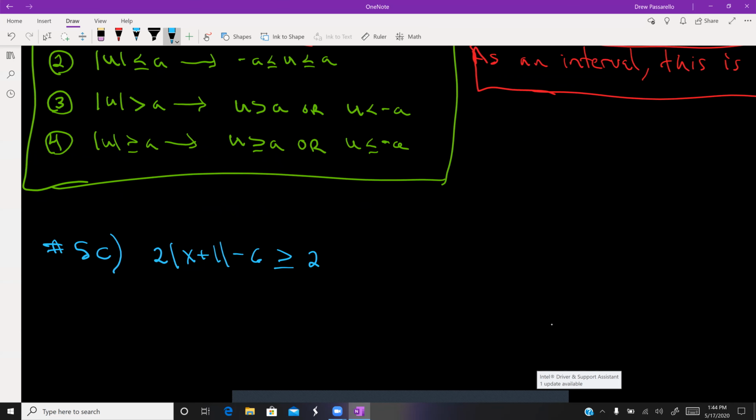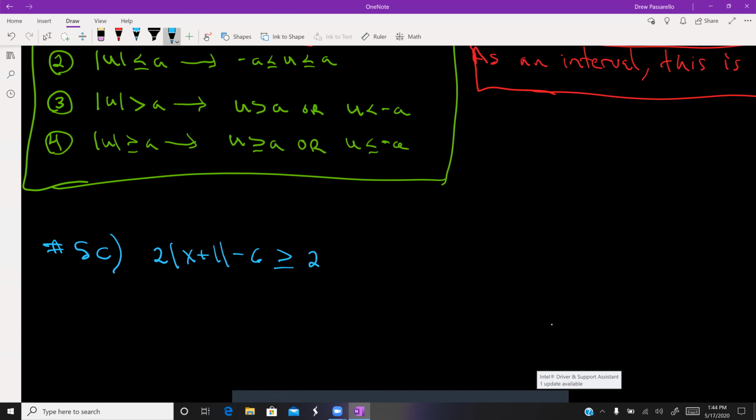All right, so to get the absolute value term, in this case absolute value of x plus 1, what I'm going to do first is bring the -6 over, so it adds 6 to both sides. That way those cancel out. Then I have 2 times the absolute value of x plus 1 greater than or equal to 8.